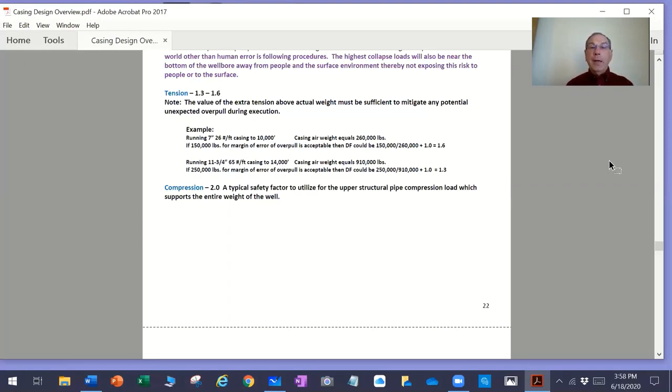But on the other hand, if we were running 11 3/4 casing, 65 pounds per foot to 14,000 feet, the casing air weight equals 910,000 pounds.